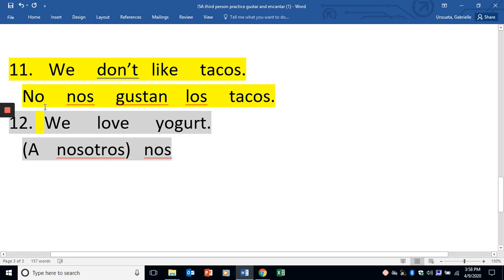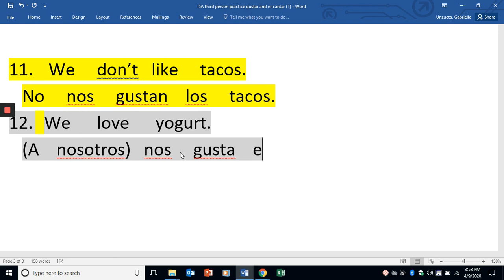The nos is a dead giveaway that it's talking about a like or a non-like for us. Nos gusta el yogur, because yogurt is singular, right?